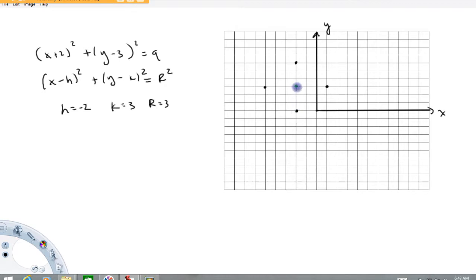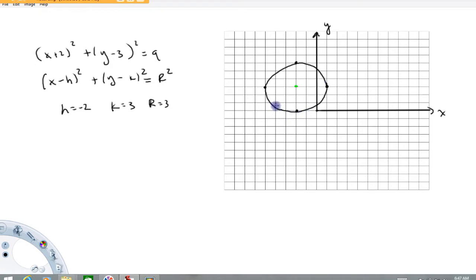Now I can go 3 in any direction, but left, right, up, down are the easiest. And I'm going to go ahead and just sketch this. There. Not the best circle I've ever drawn. I expect yours to be a little bit better in your notes.